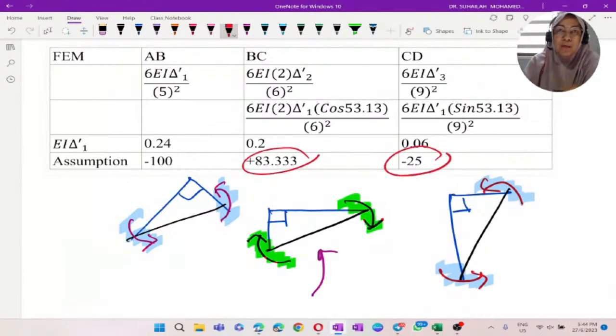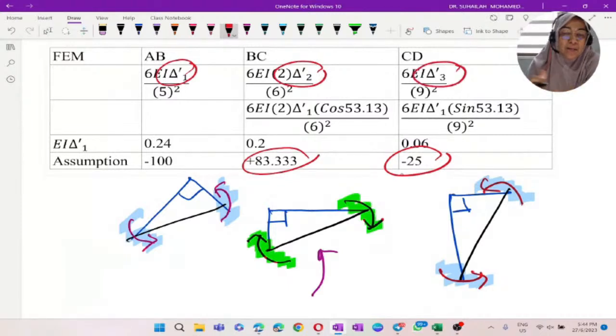After that, we actually use ratio to determine the value. Anyway, in order to use ratio, we should change all into one term, because from the formula we will find that for AB we use delta 1 prime, for BC we use delta 2 prime, for CD we use delta 3 prime.